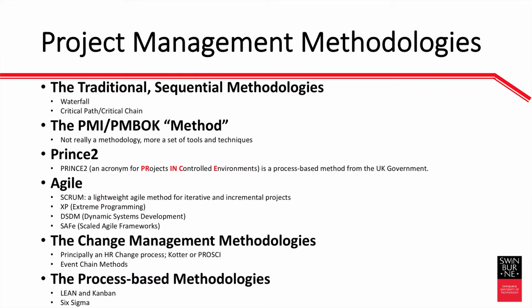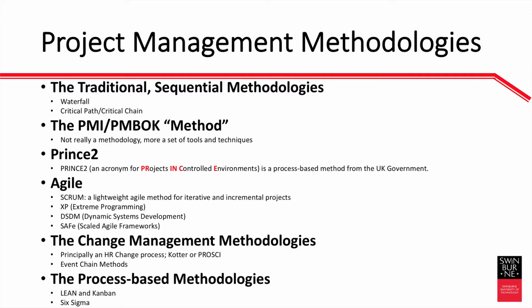There's really only two classes of methodologies: planned and agile. Now, planned methodologies, as they sound, are based on an assumption that if only we can plan better, the project will execute better.